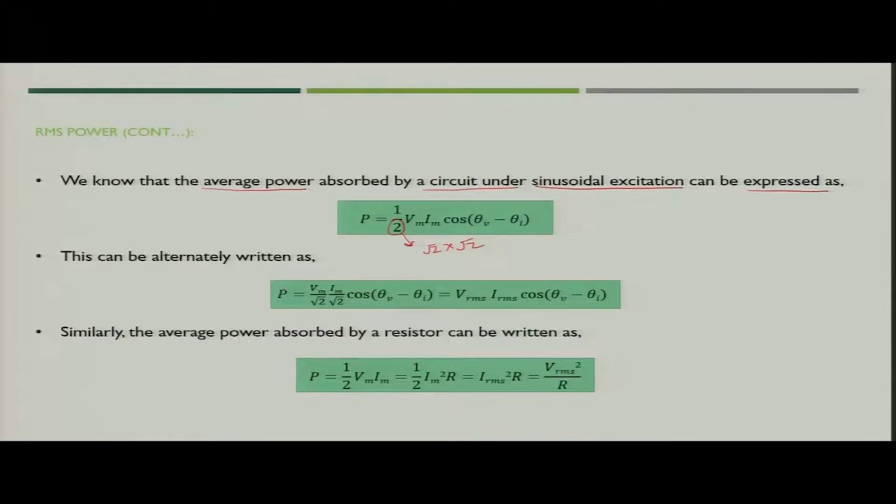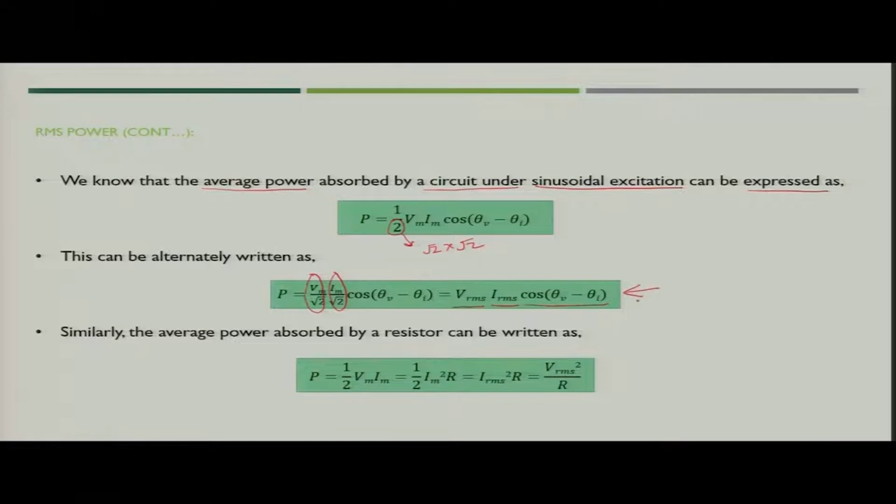Then the average power P is nothing but Vm by root 2 into Im by root 2 cos of theta V minus theta I. Now, this is the RMS value which we just derived, and similarly Im by root 2 is also the RMS current we just saw. So, average power you can write as V RMS into I RMS cos of theta V minus theta I. Now, this is the general expression.